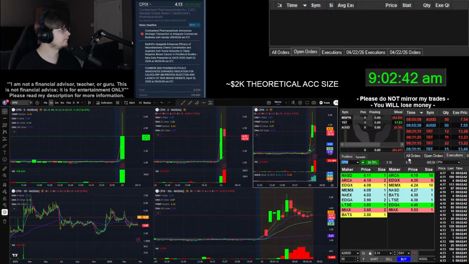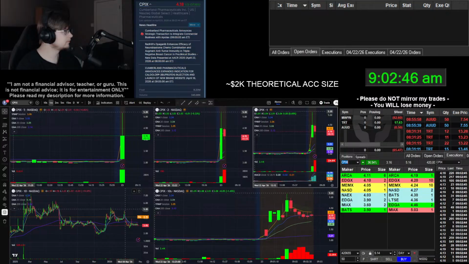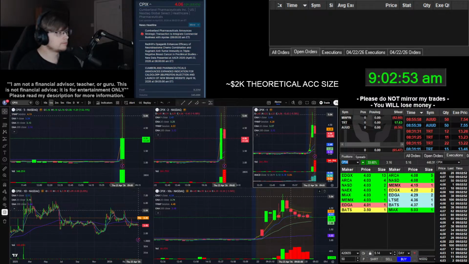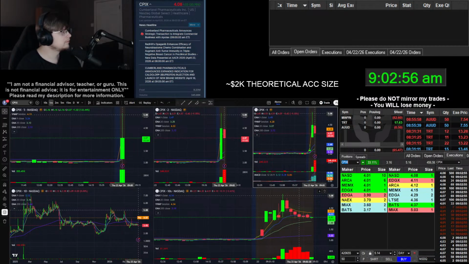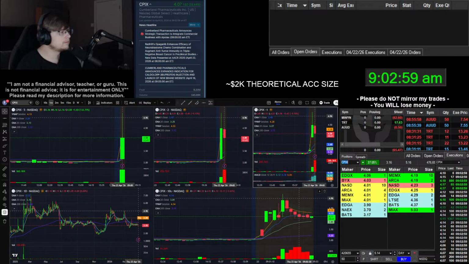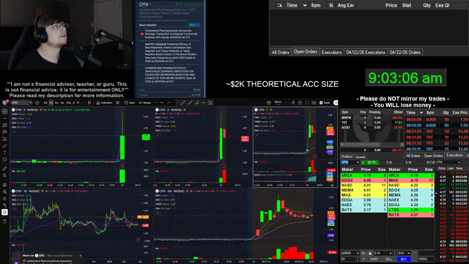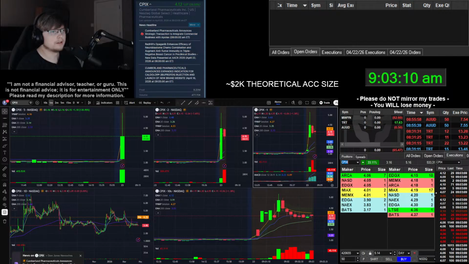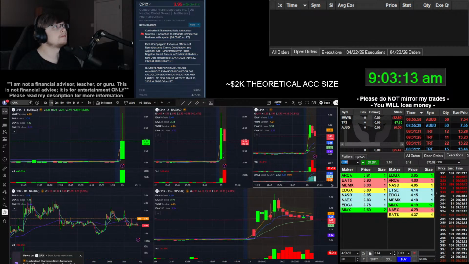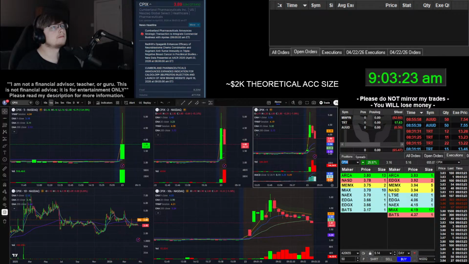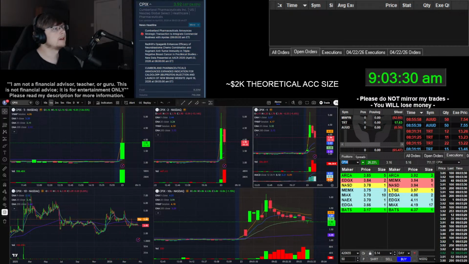High volume selling. The stock is easy to borrow as well with a higher float, according to the community chat. I'm not really seeing anything. 903.